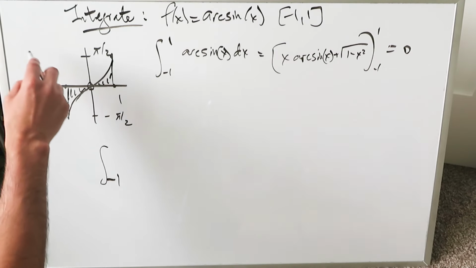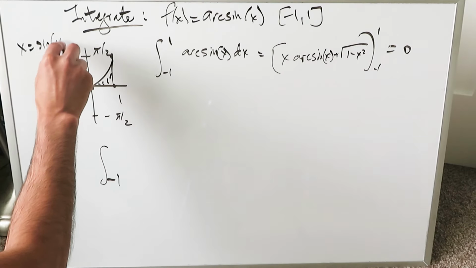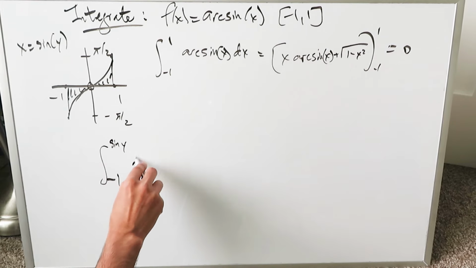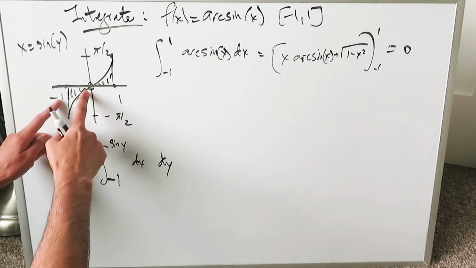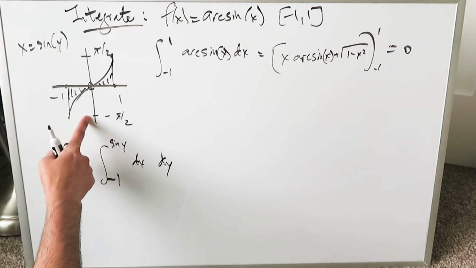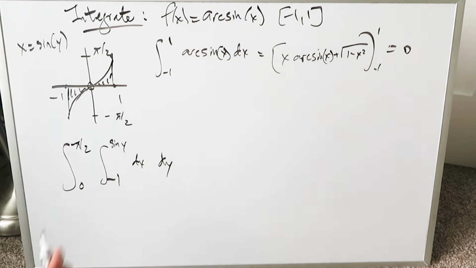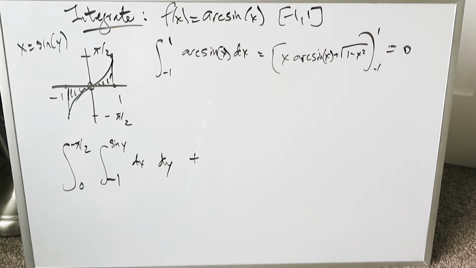If y is equal to arc sine x, x is equal to, you push the arc sine on the other side, sine of y. That's your upper limit here, sine y. This is with respect to dx. Then you're going with respect to dy from a lower limit 0 to an upper limit minus pi over 2. That includes everything from the -1 to 0 interval domain.